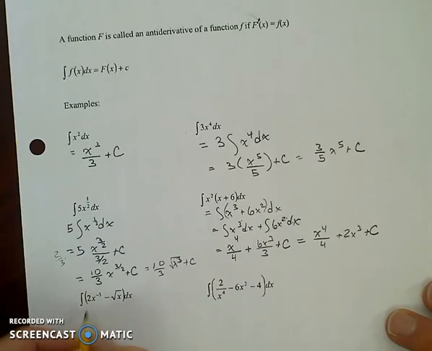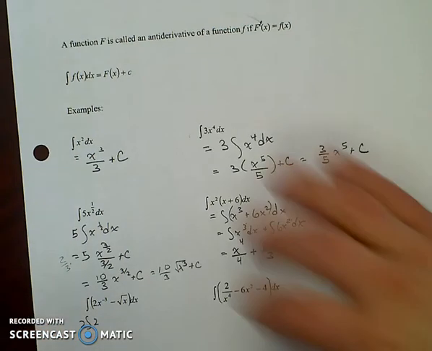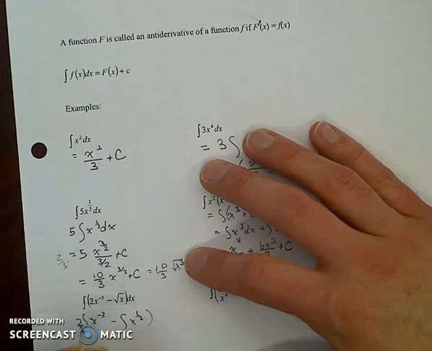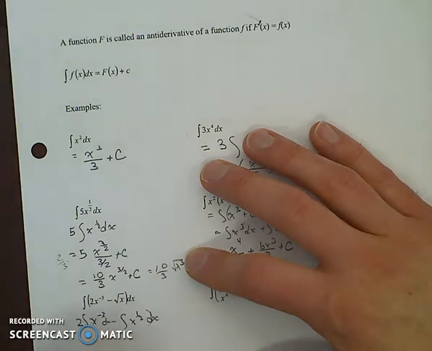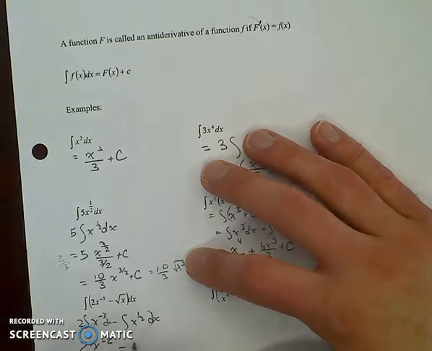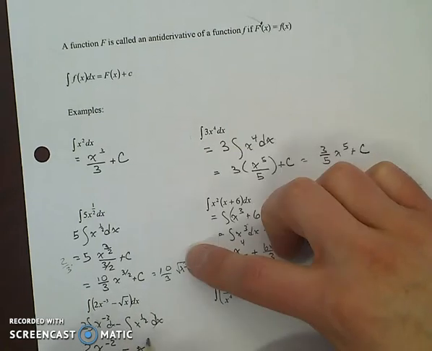This one, again, you could split it up if you wanted to, bring the 2 out in front. Make that to the 1/2. And so we're going to get 2, x add 1, make sure it's negative 2, divided by negative 2, minus x, we already did to the 1/2, you know that's 3/2 over 3/2 plus c.